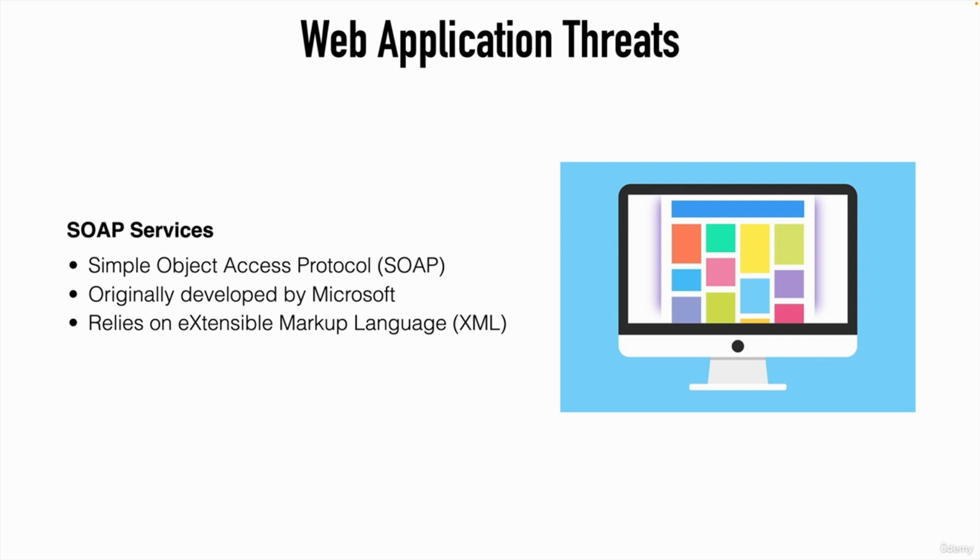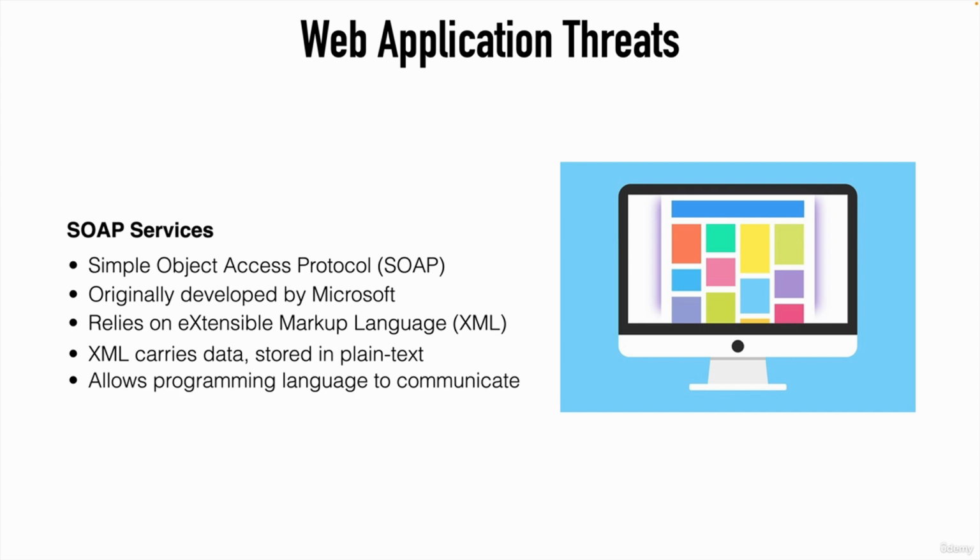So in other words, it just marks up the data, as the name implies. XML was primarily designed to carry data and to simplify the data transport and sharing processes, and XML does store that data in plain text format. SOAP itself was first designed so that applications built with various different programming languages had a common way to communicate. So SOAP is a protocol.